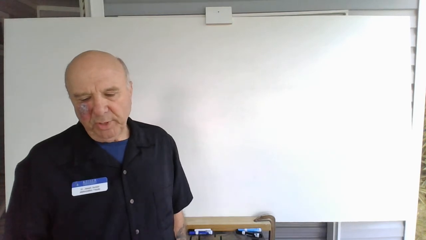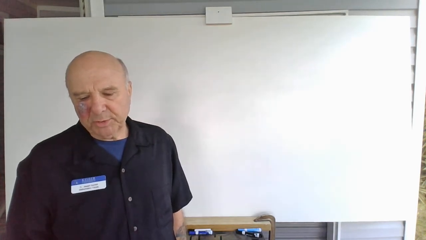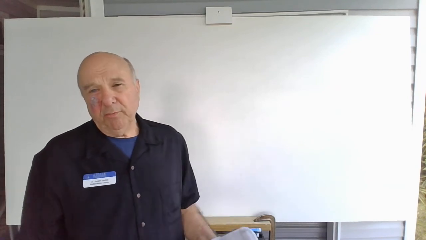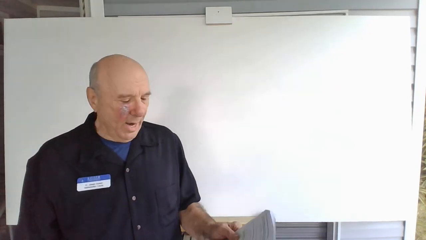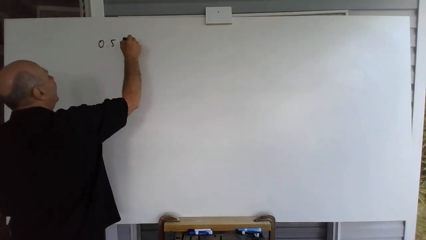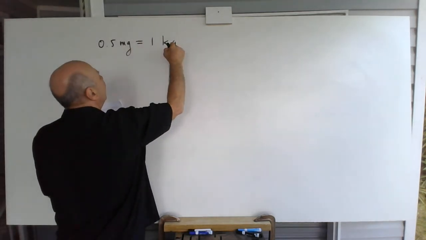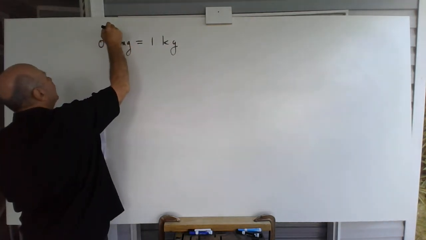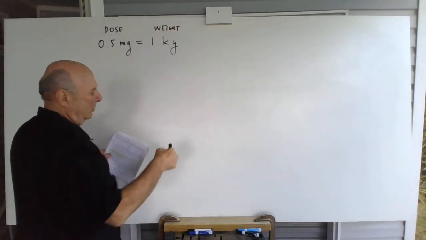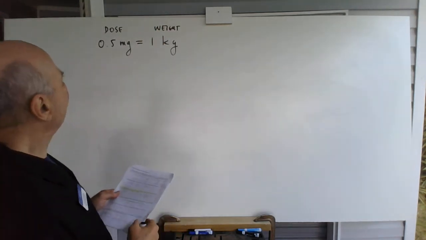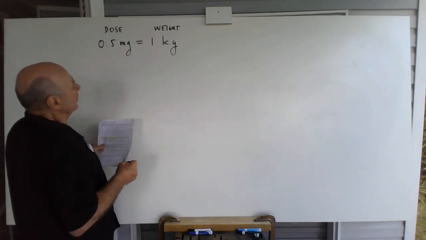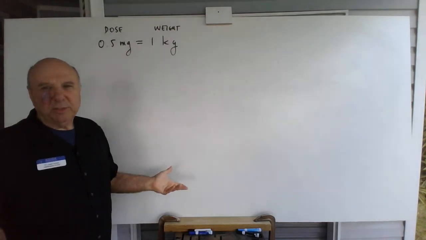The dosage for adults is 1/2 milligram of a certain pharmaceutical drug for each kilogram of their weight. So the first sentence gives me the unit fraction. It's going to be 1/2 milligram is equivalent to 1 kilogram of weight. So this is the dose, and this is the weight of the patient or the customer. So I can use that either direction.